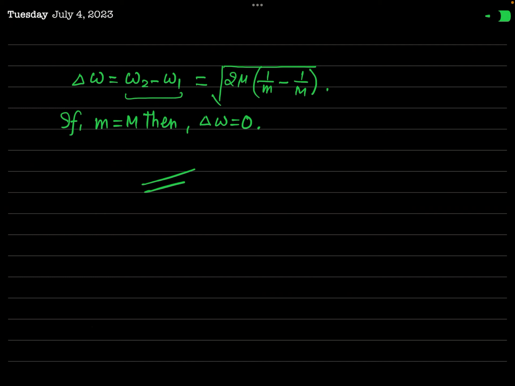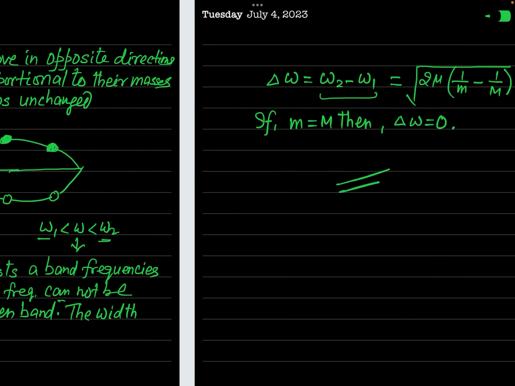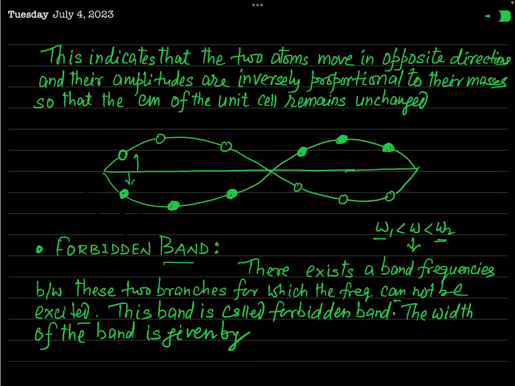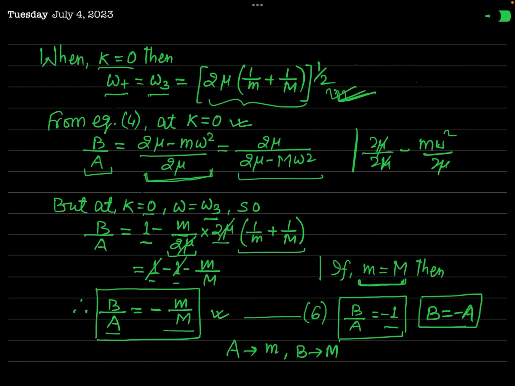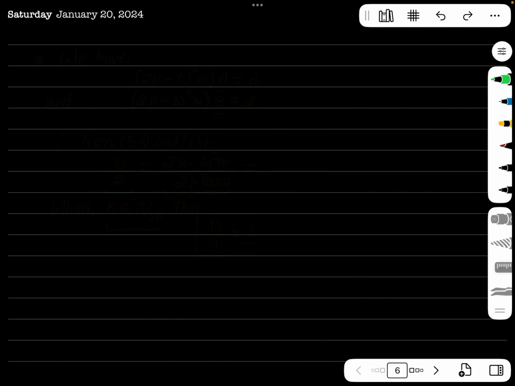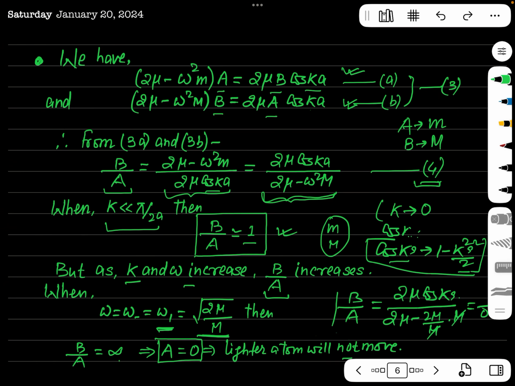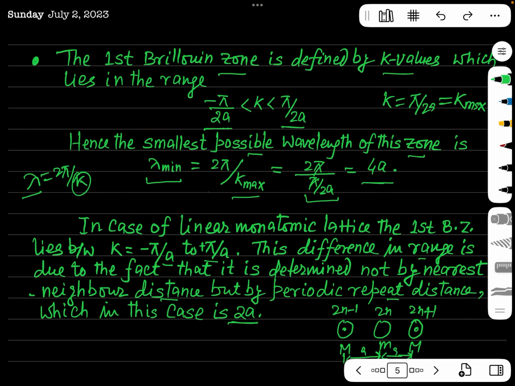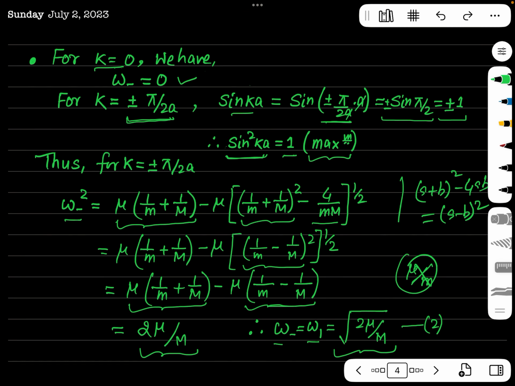Omega 2 minus omega 1. Omega 2 is equal to this much, and omega 1, you can see, is equal to this much.